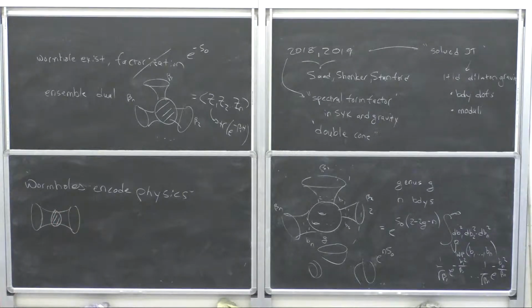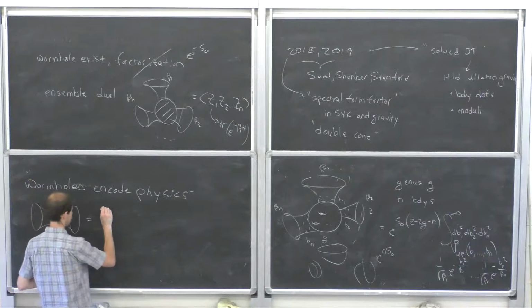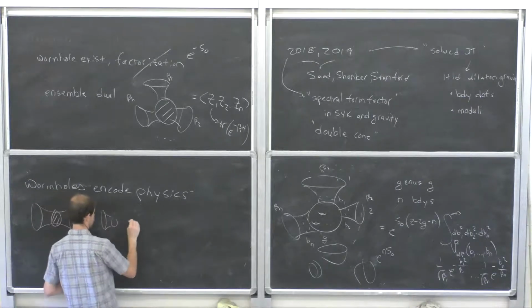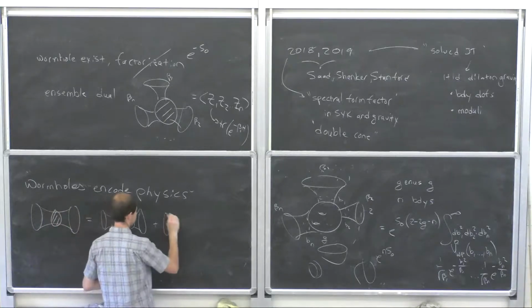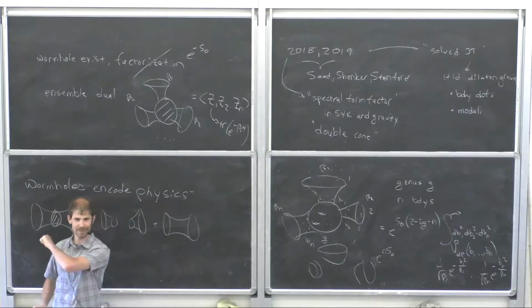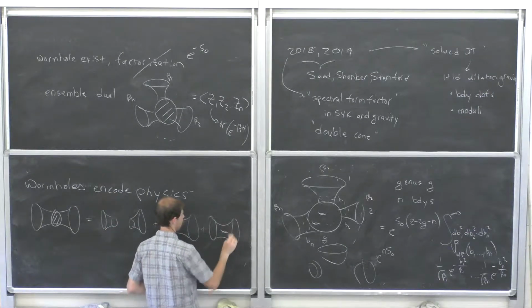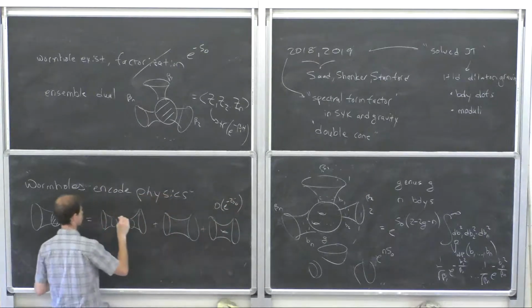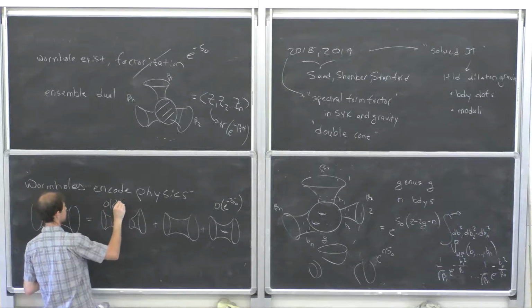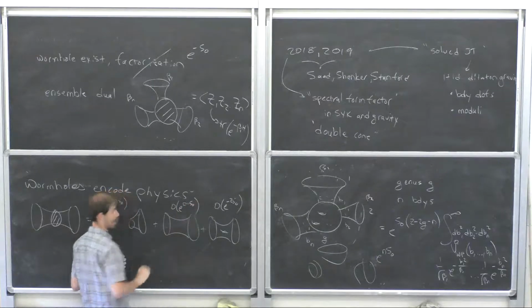As a simple limiting case of this, consider two boundaries and sum over everything. This is going to be a disconnected part, where those are two hyperbolic disks, plus a connected piece, which is the double trumpet you were just mentioning, plus something with a handle in the middle. This is order e to the 2S naught, this is order e to the 0 S naught, and this is order e to the minus 2S naught.